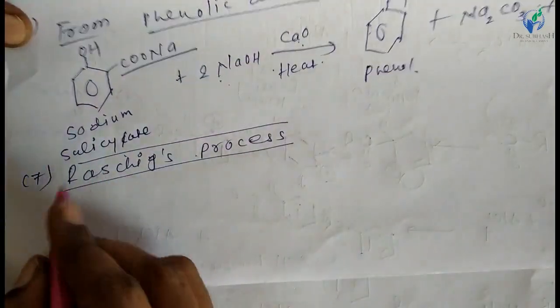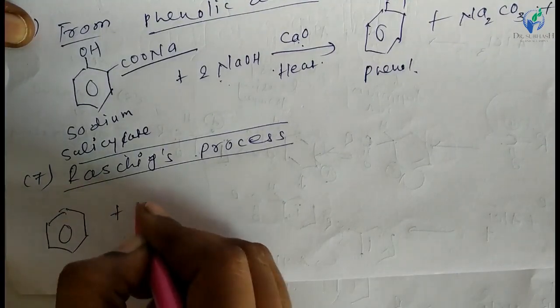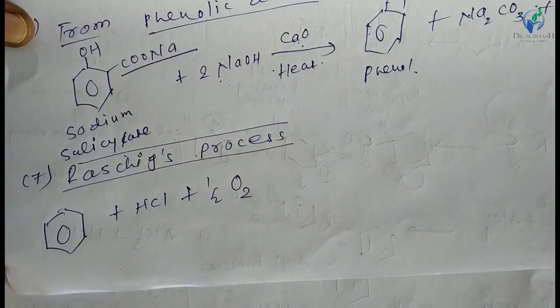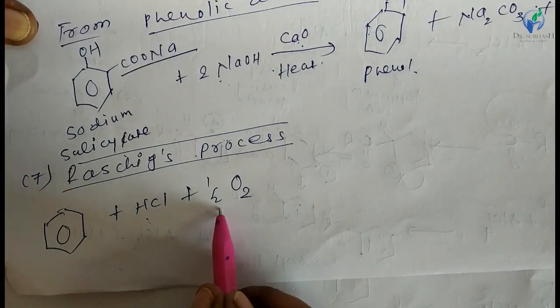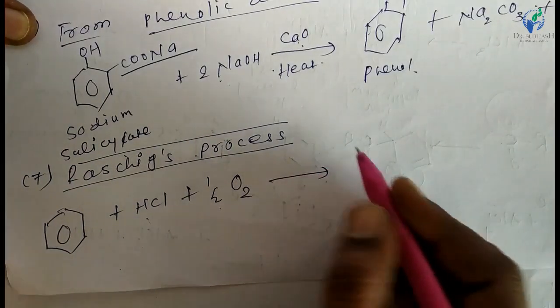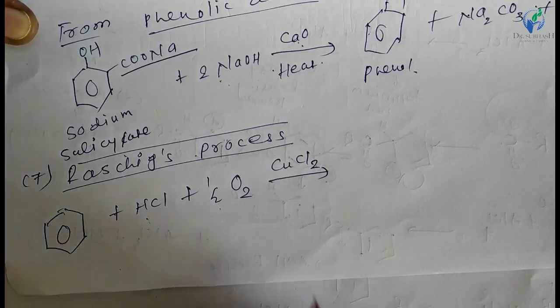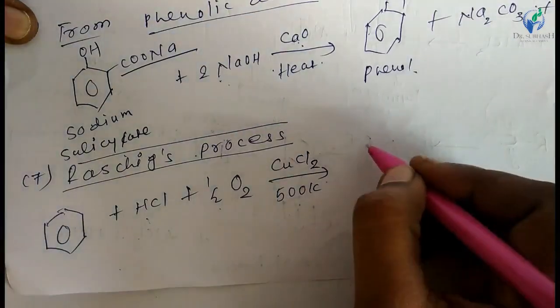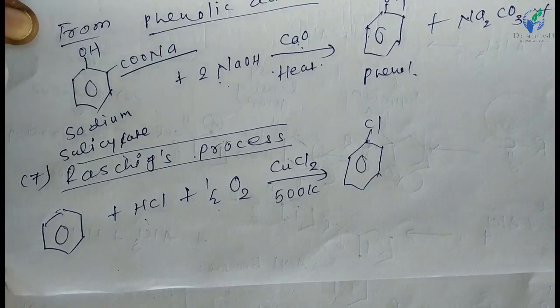In this, benzene is heated with hydrochloric acid and air, that is oxygen, in the presence of cupric chloride CuCl2 at 500 Kelvin temperature. It will form the chlorobenzene, right.